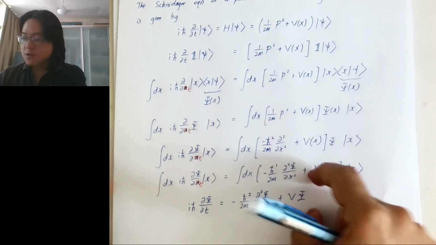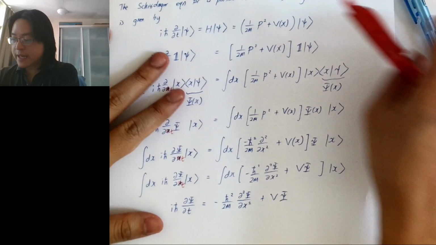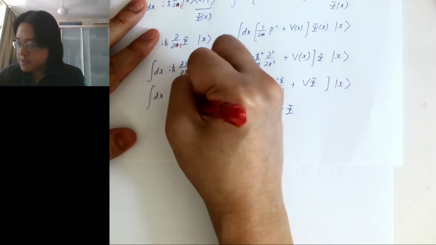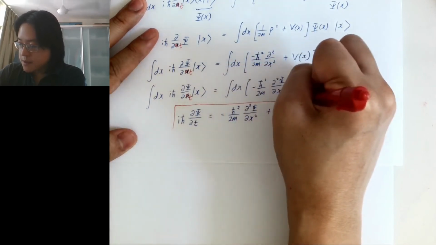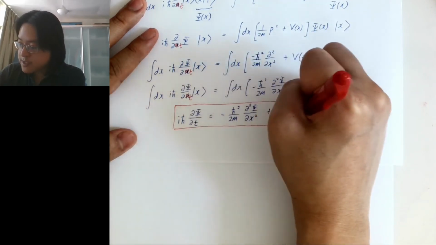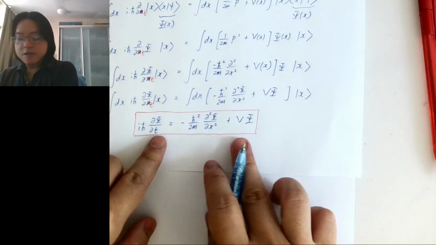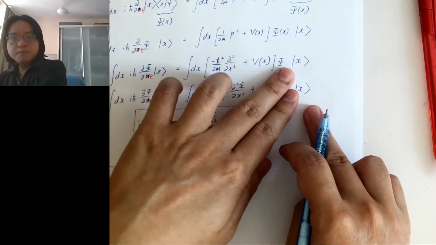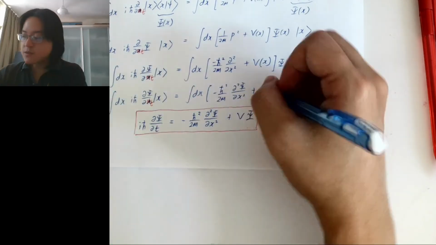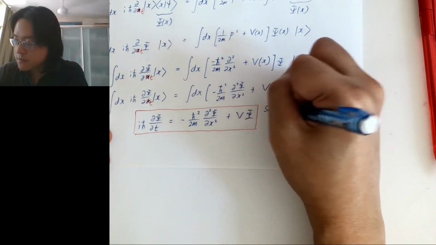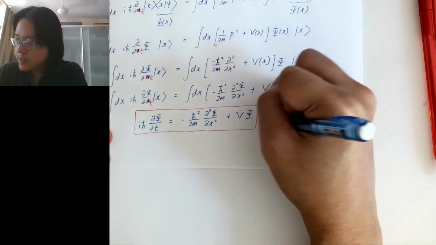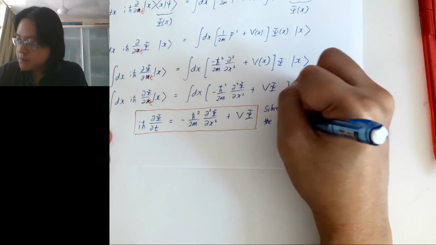So this is the Schrödinger equation that you might have seen before learning about Hilbert spaces. How do we get this? Everything here is a function of x because we are using x as the basis. So this is the Schrödinger equation in the position representation.